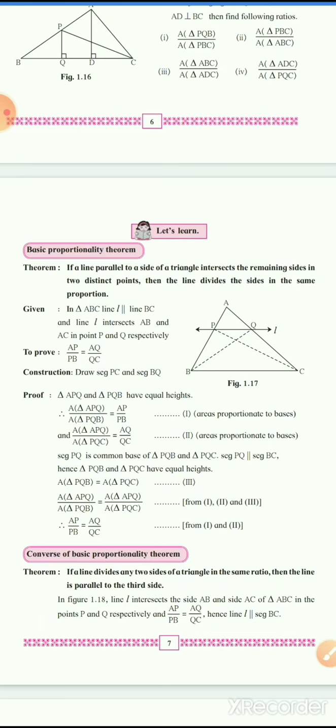Now we have to construct some segments here, two segments PC and BQ. So let us see construction. Draw seg PC and seg BQ.